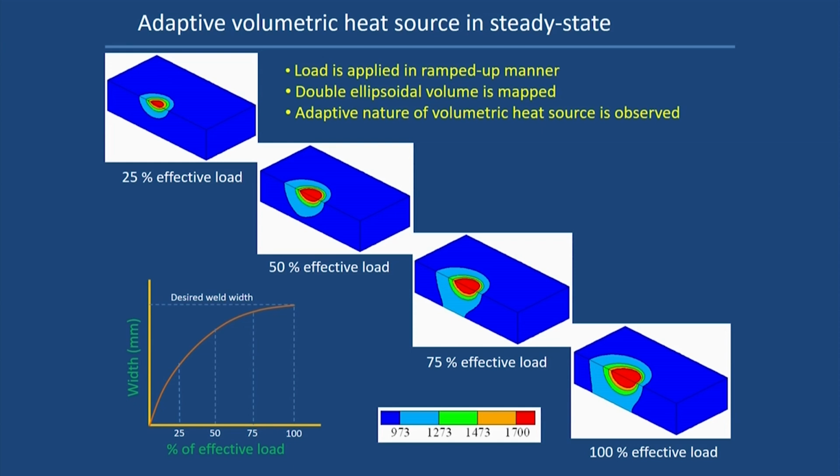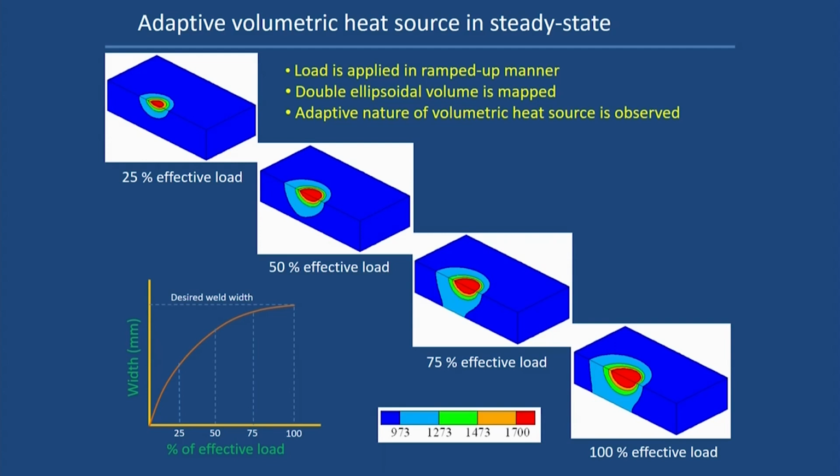Here you can find the weld pool, where the red color mainly represents the molten pool zone, and the remaining colors are represented depending upon the phase, the heat affected zone, looking at the different phase transformation temperatures. Then when the 100% effective load is applied, that means the complete 1 kilowatt power, this represents the shape and size of the weld pool, which is different from the first figure.